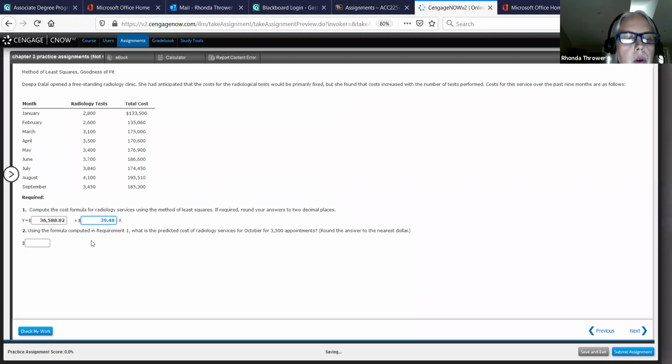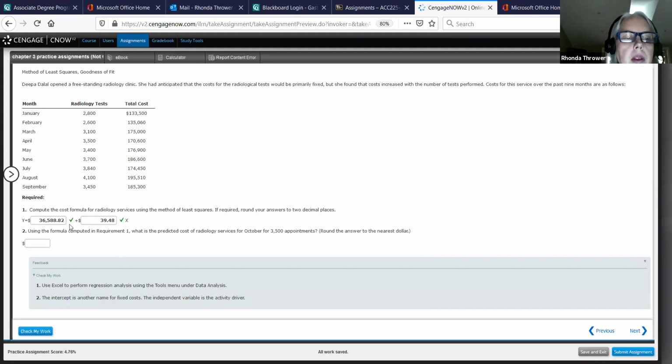Now I'm going to check my work because sometimes they have funny rounding things. So let me check my work. And this is what they wanted for you to write down in Excel. But Y is total cost.